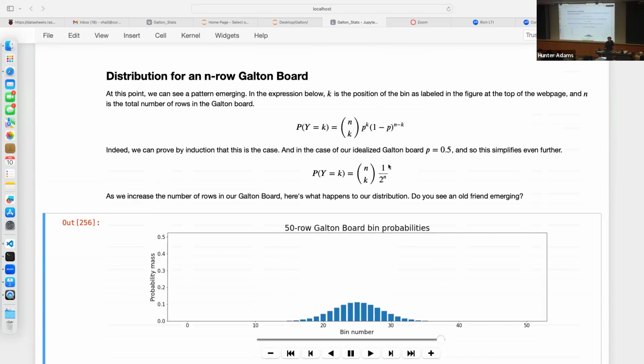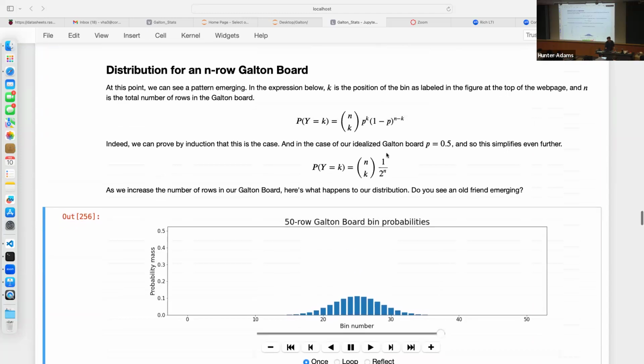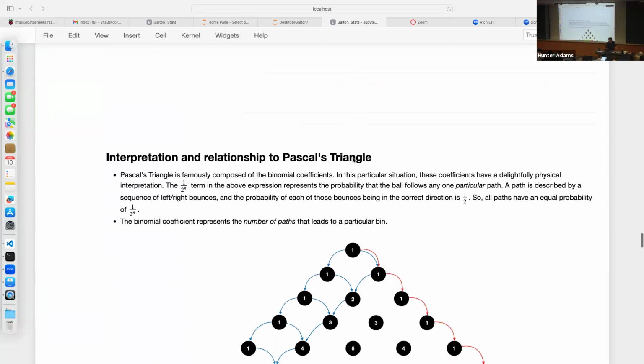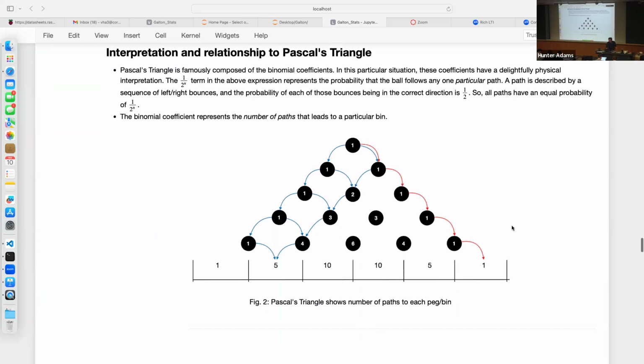That describes the probability of any particular path. And this here, this n choose k, represented on Pascal's triangle, represents the number of paths that get you to that spot. So 1/2 to the n, that's the probability of any path, times, in this case, 5. That's the number of paths that get you here. Just kind of a delightful physical interpretation, right?